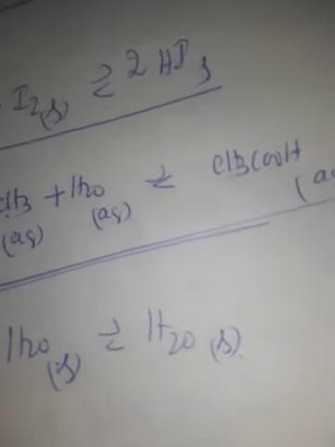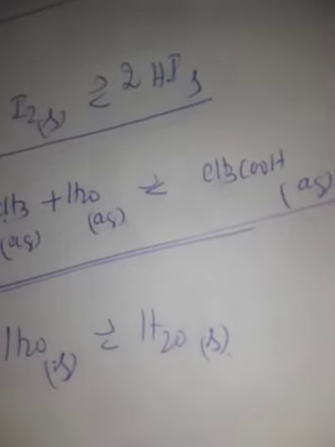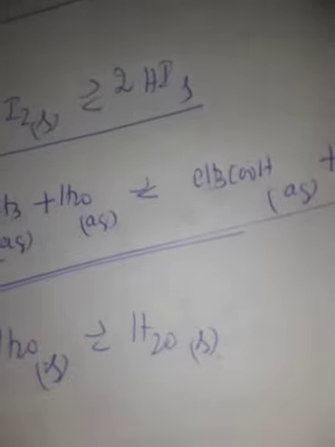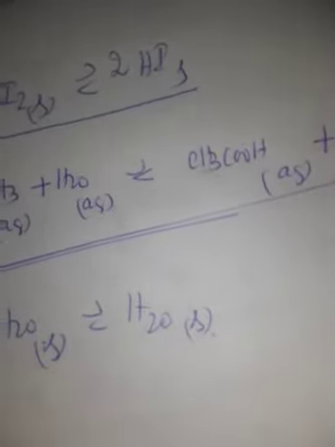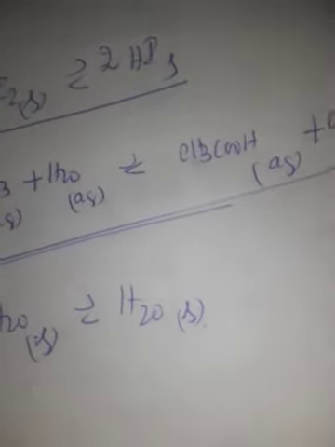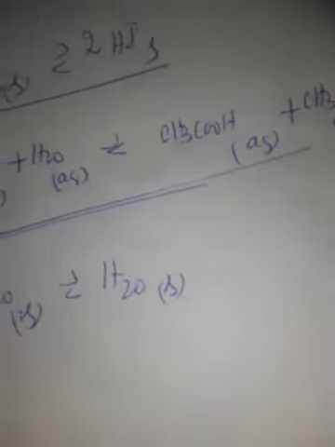So in 1864, two scientists, Guldberg and Waage, formulated the law of mass action. What is the law of mass action? It states that at any instant, the rate of a chemical reaction at a given temperature is directly proportional to the product of active masses of the reactants at that instant.